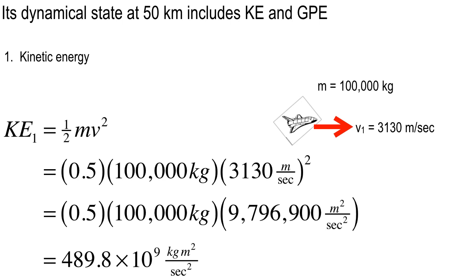So the kinetic energy is basically 490 billion joules. So up there in number 1, kinetic energy at 50 kilometers, Mach 9.1, 490 billion joules approximately.